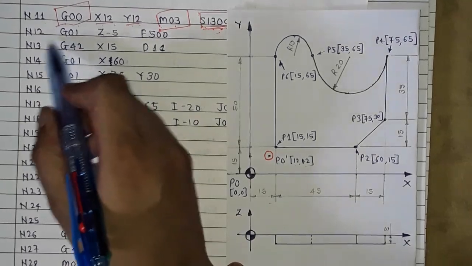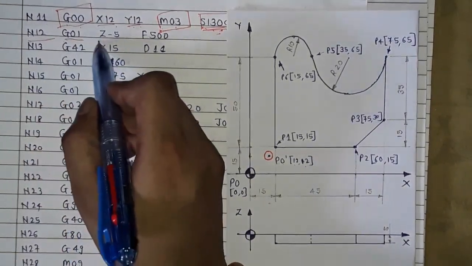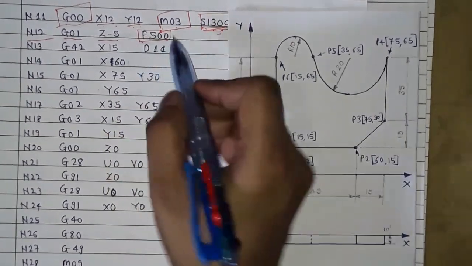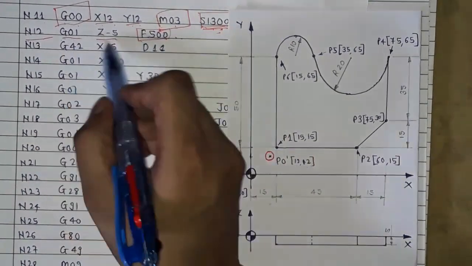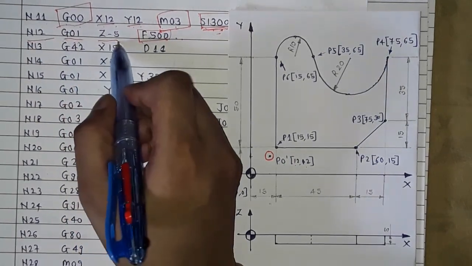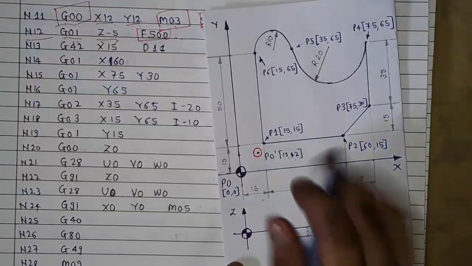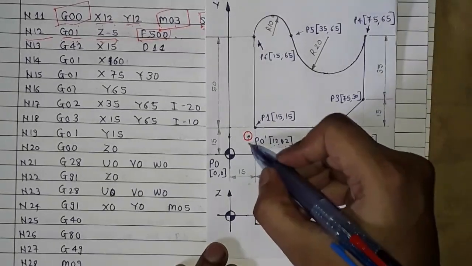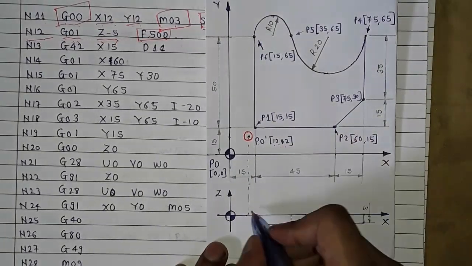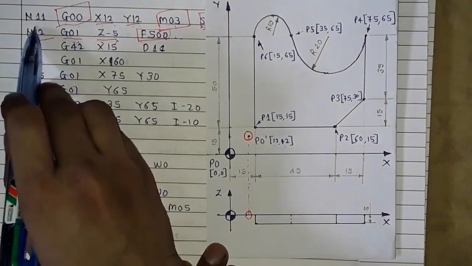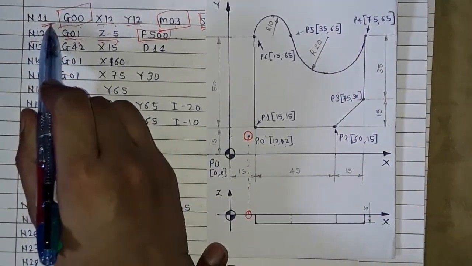Next N12 G01 Z-5 F500. Here F500 is the feed rate and G01 is for linear interpolation, Z minus 5. That is, the tool will move in a downward direction. The tool will be here first during the N11 programming.